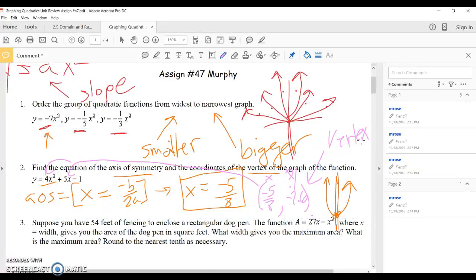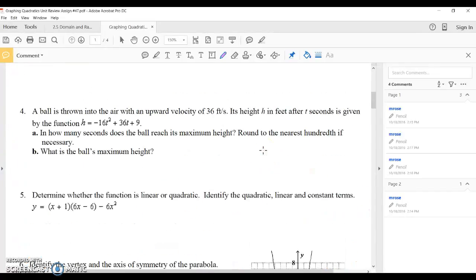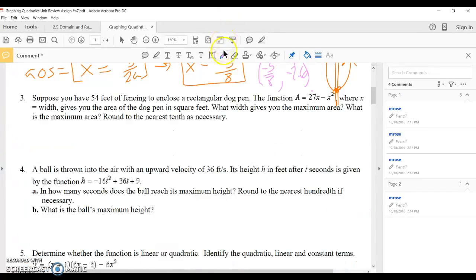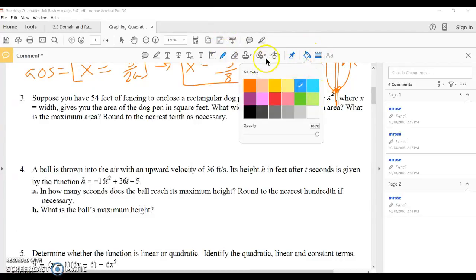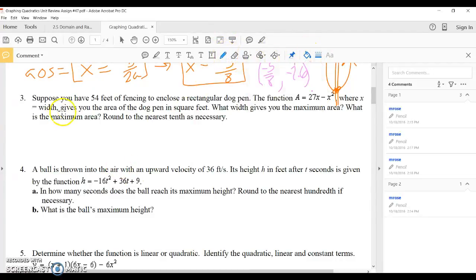Okay. Let's look at the next one. Let's change colors up again. Let's take blue. So it says suppose you have this, and then we get this function. And really what it wants to know is this maximum area.